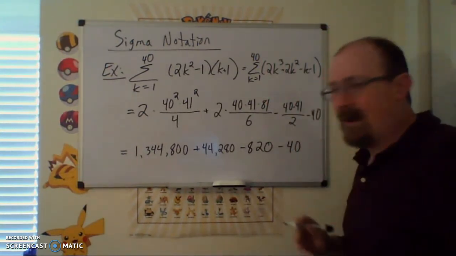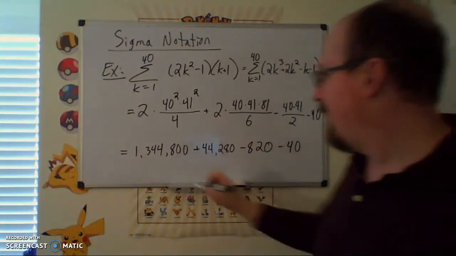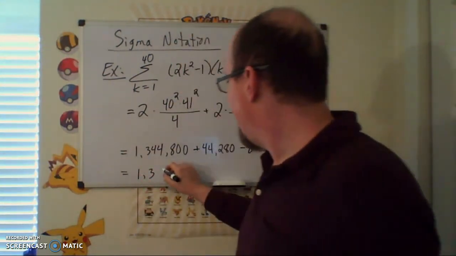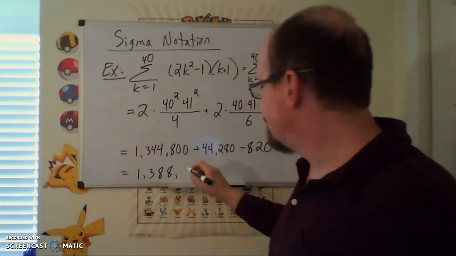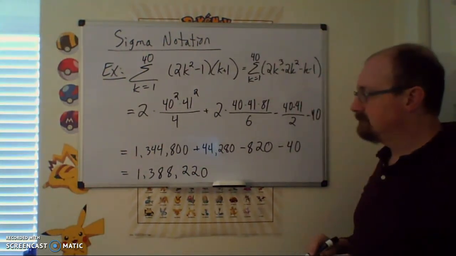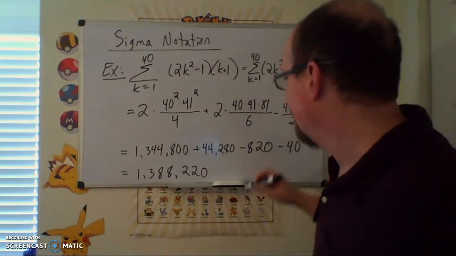And then I'll write out the minus 40 in the back. So once I combine all these, I get 1,388,220. So, okay. We got that? Hopefully we got that. All right.